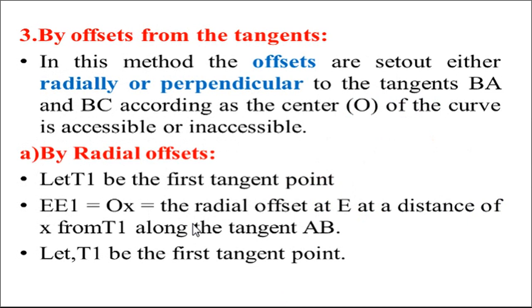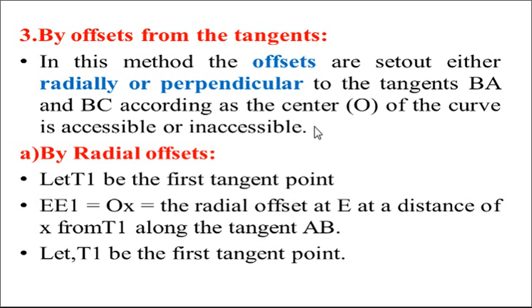The third method of curve setting is by offset from the tangent. In this method, the offsets are set out either radially or perpendicular to the tangents BA and BC, depending on whether the center O of the curve is accessible or inaccessible.